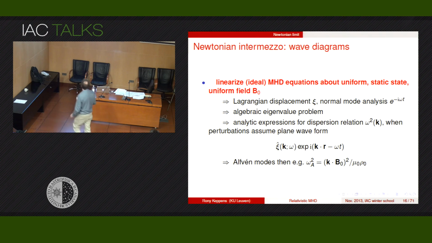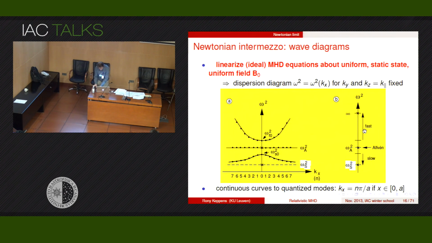So anyway, if you just do ideal MHD, then you can get this relation, and then you can plot it if you want. Suppose that you fix a certain wave vector that has 3 components, kx, ky, kz, and the z direction is the magnetic field direction, so that is the parallel.